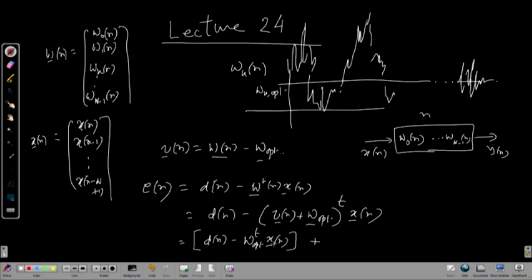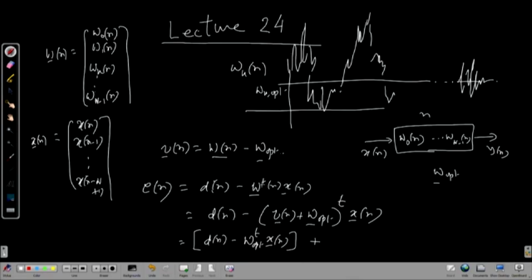What is W opt transpose x n? That is, if I have W opt here, then the corresponding filter output is W opt transpose x n. Instead of W 0 n to W n minus 1 n, if you have W opt coefficients like W 0 opt, W 1 opt, W k opt and so on, the corresponding filter output will be W opt transpose x n, like it is W n transpose x n in the general case.